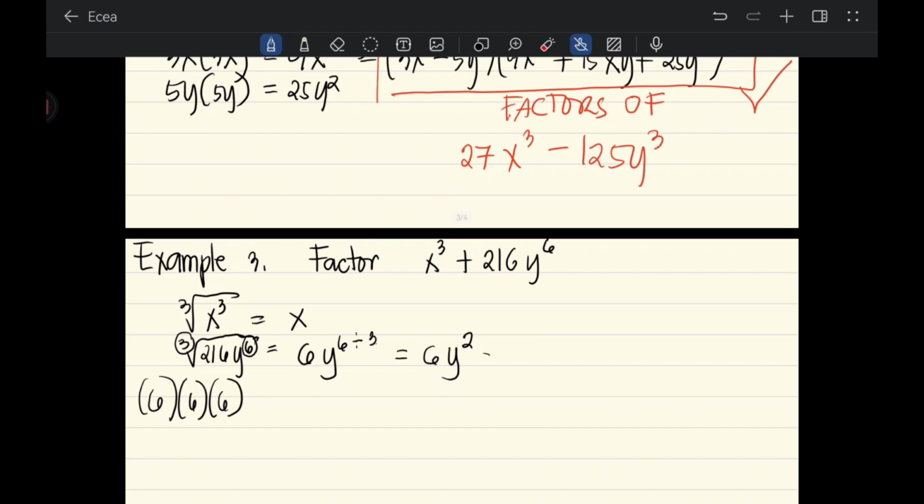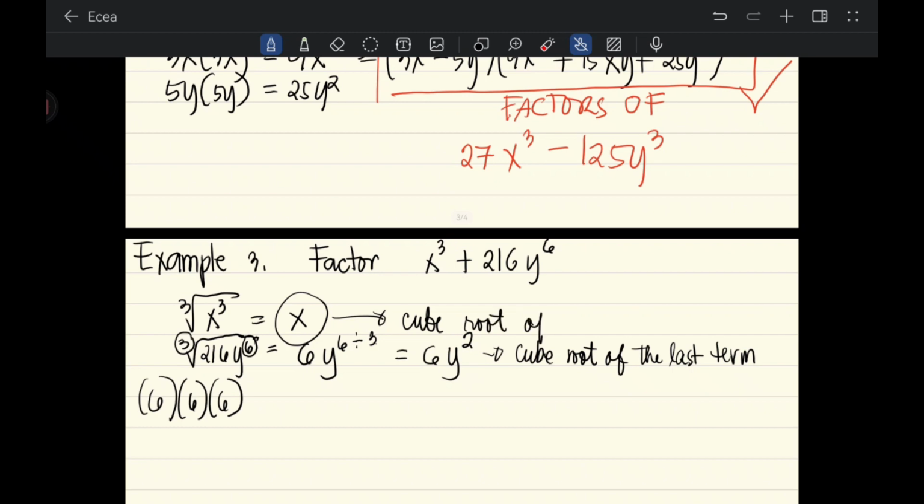So this is the cube root of the last term. And our x here is the cube root of the first term.